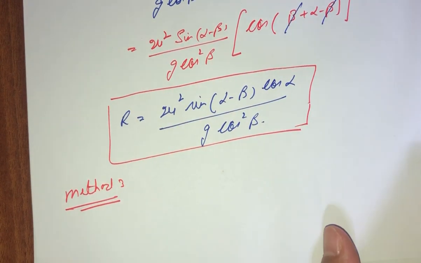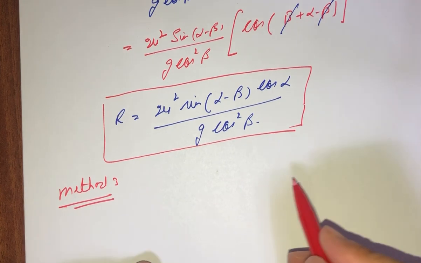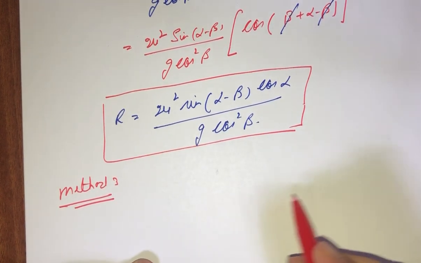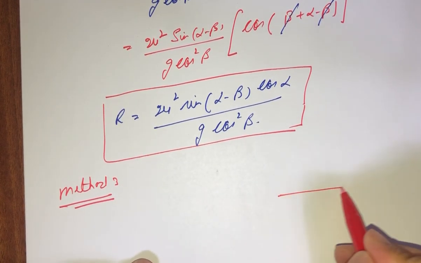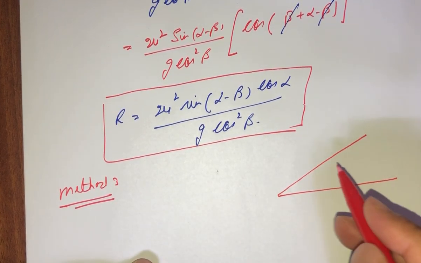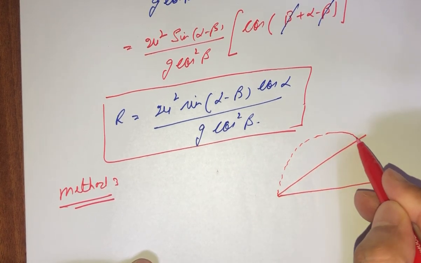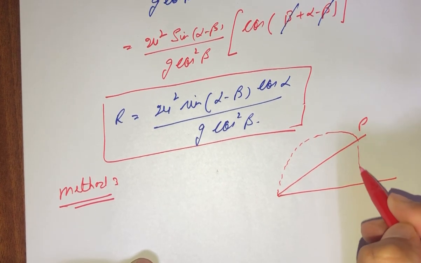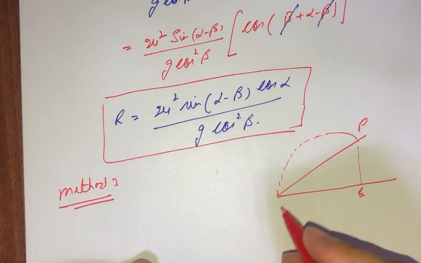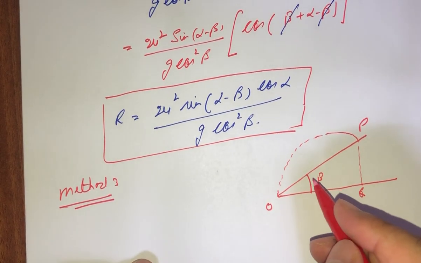In this case, we are simply going to use almost the same diagram which was used in method 1. So once again we are going to draw it. Projectile is projected from here and it strikes at point P. This point is given as Q, this is O, and we know that this is beta.